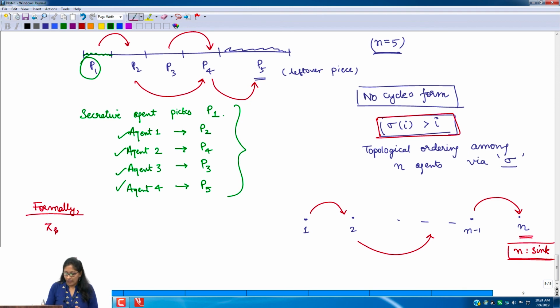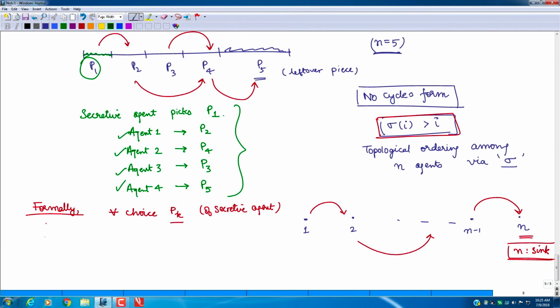So basically for every choice pk, or ik, of the secretive agent, we need to construct a permutation pi k, but this is quite simple.